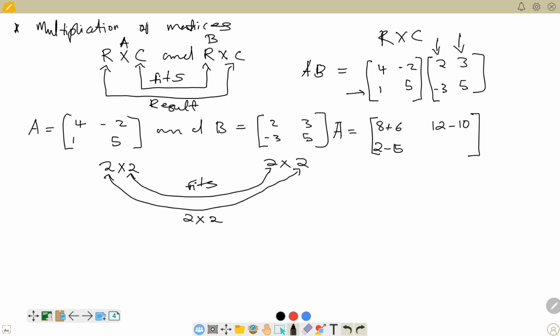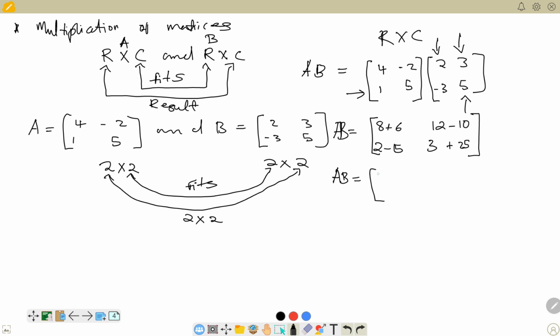We need to use this same row and multiply here with the same elements. So we have 1 times 3, which is 3. Then 5 times 5 is plus 25. So actually this is AB.